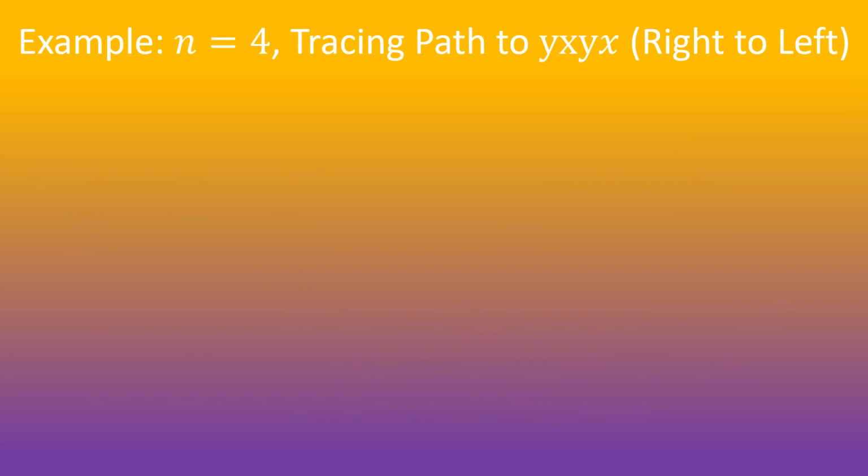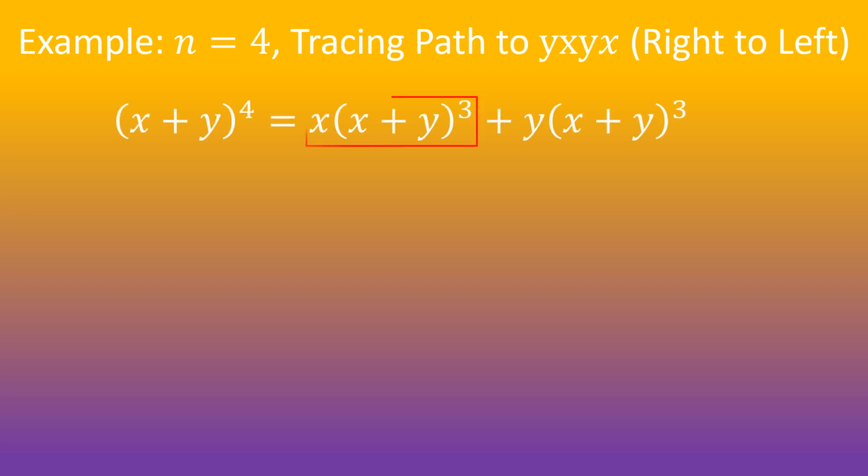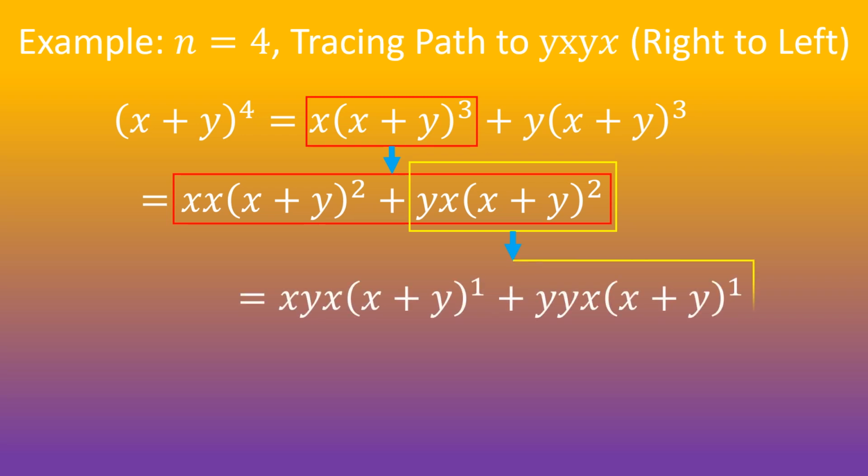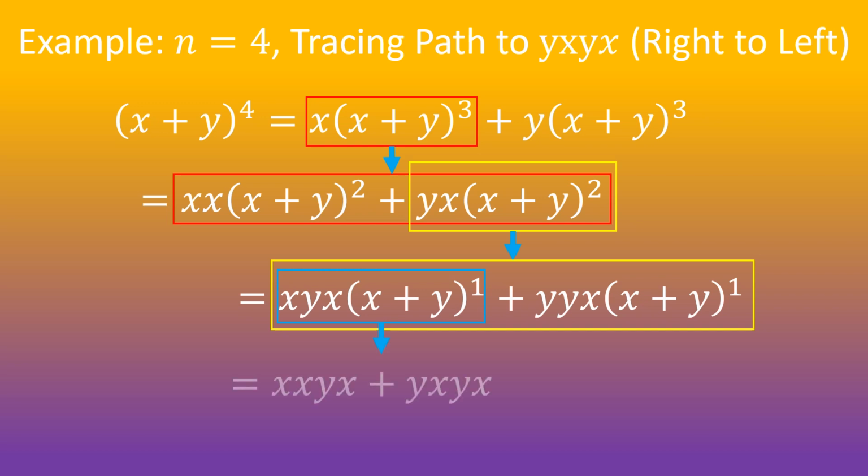Alright, so we can actually trace our path to a certain string of x's and y's. And I'll show you an example where n is equal to 4. So we're actually going to first choose the term in which there is an x. Then we're going to choose the term in which there is a y. Then we're going to choose the term in which there is an x, right there. And then we're going to choose a term in which there is a y.